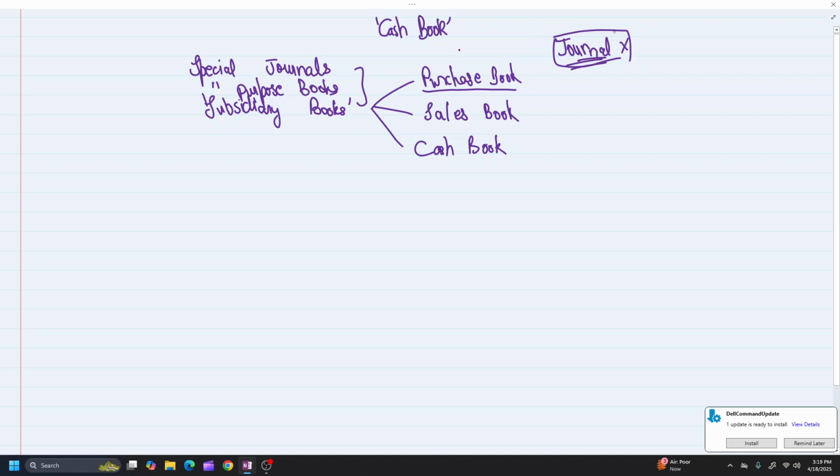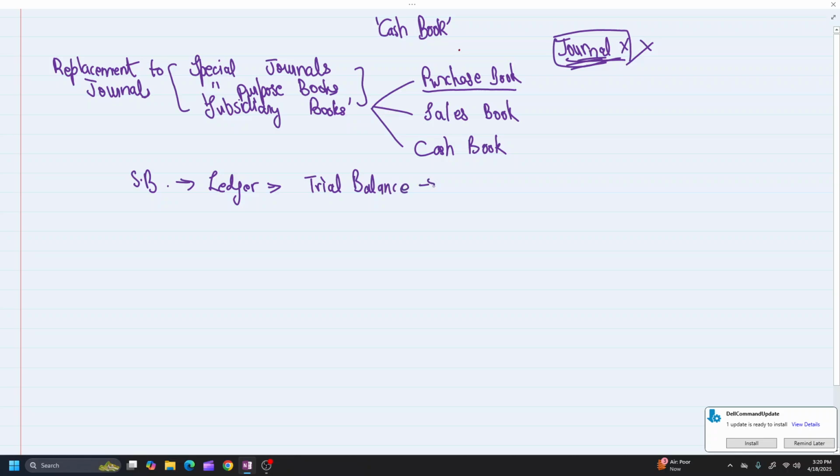So basically these are a replacement to the journal. If you are preparing subsidiary books, then you will not prepare your journal, so your flow will be like first subsidiary book, then ledger, then trial balance, then final accounts.